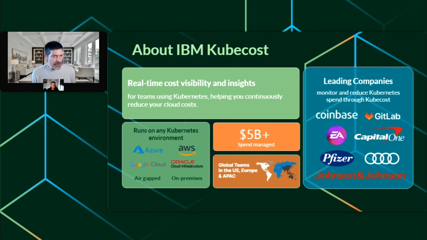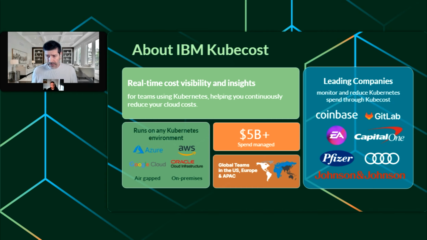If you're not familiar with Kubecost, or maybe this is our first introduction, just a quick note about who we are. We were acquired by IBM about a year ago. We're a company that builds great software specifically for DevOps teams, platform engineering teams, for engineers to use. They use that to help them continuously understand and reduce their container or Kubernetes costs.